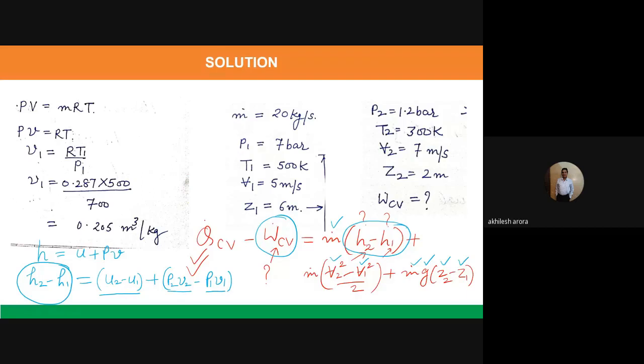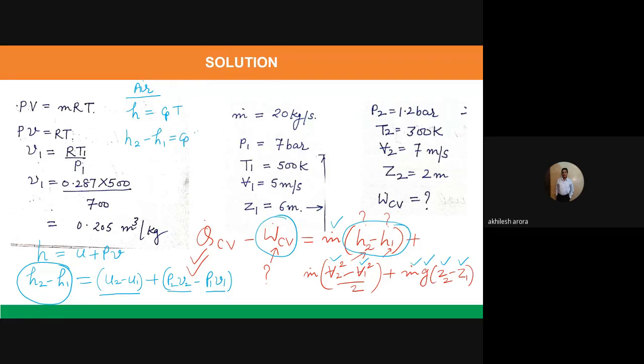Now, do you know what the working substance is here in the gas turbine? It is actually air. And I just told you that h is given by CpT. During the throttling process, I told you h is equal to Cp into T, and it is valid for a gas. So I can also calculate the change in enthalpy from the equation h2 minus h1 is equal to Cp into (T2 minus T1).